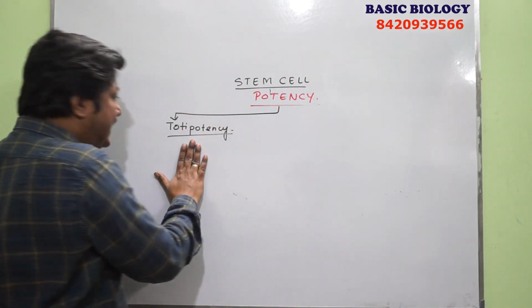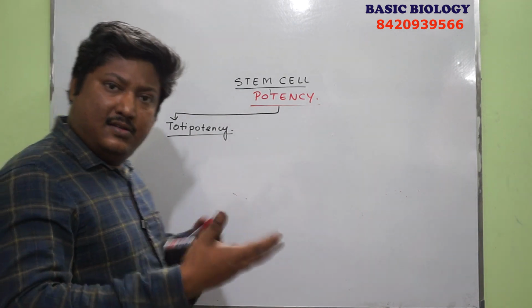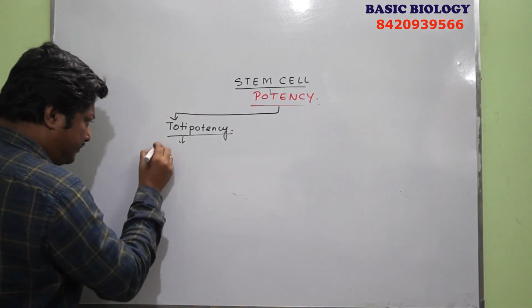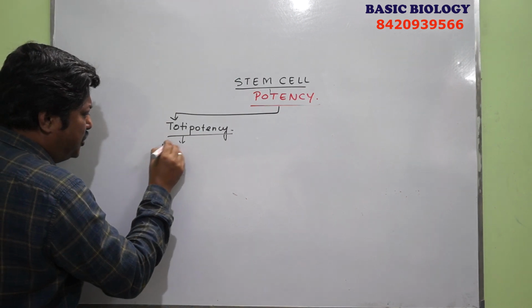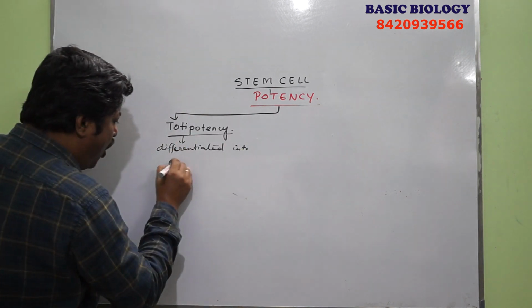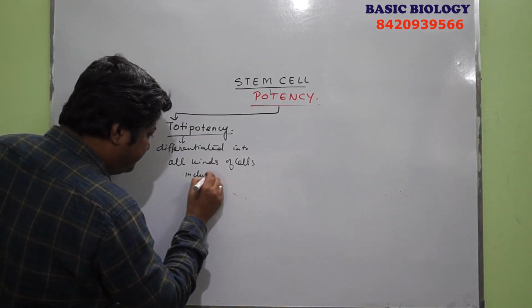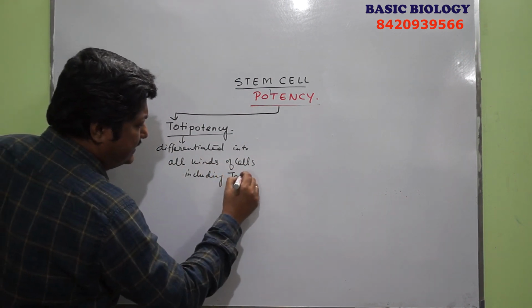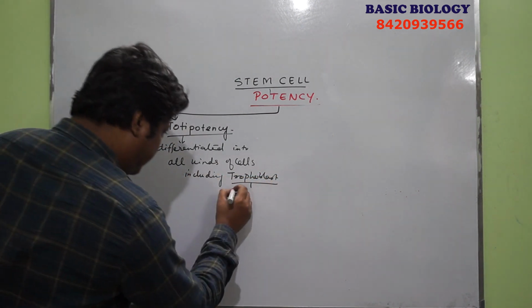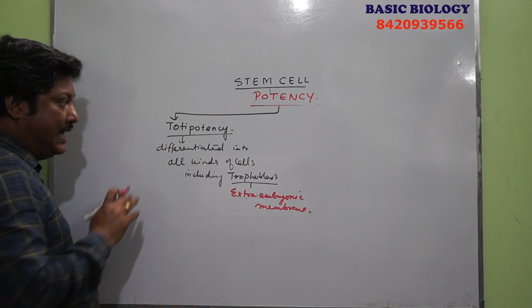So you can write like that: differentiate into all kinds of cells, including trophoblast. Now this is very important. The extra-embryonic membranes are formed from the totipotent stem cells.